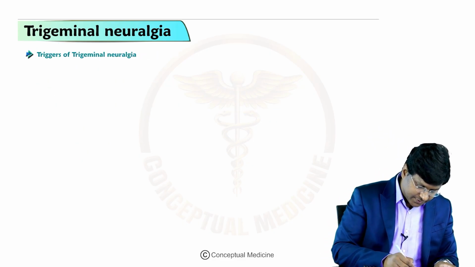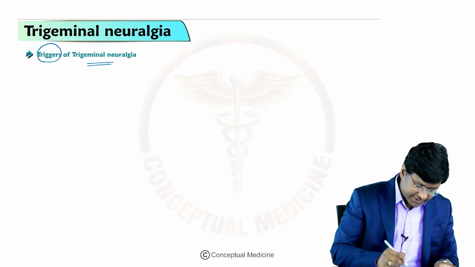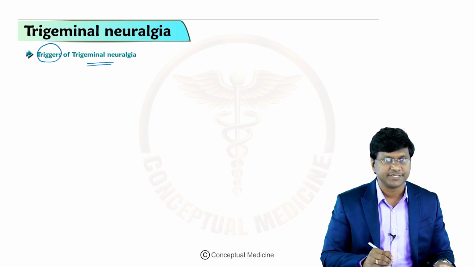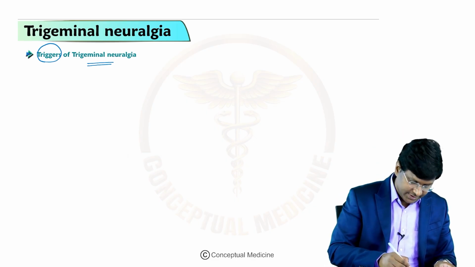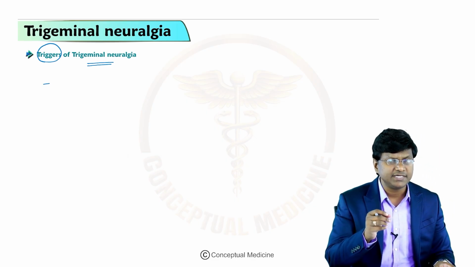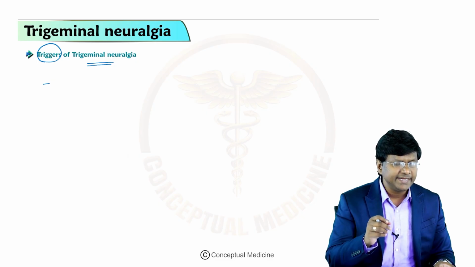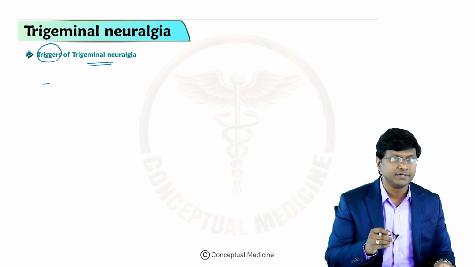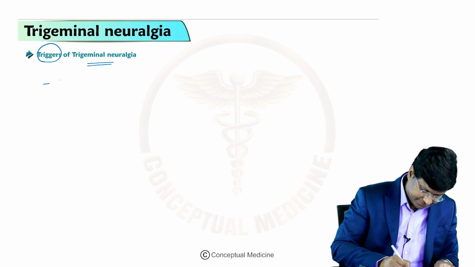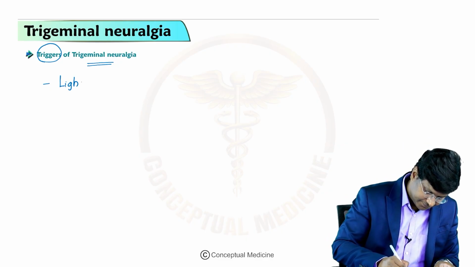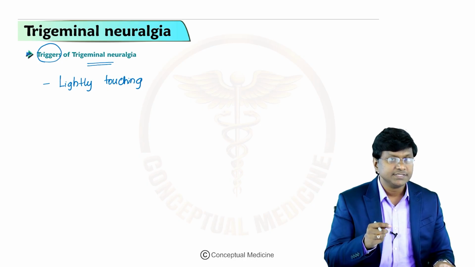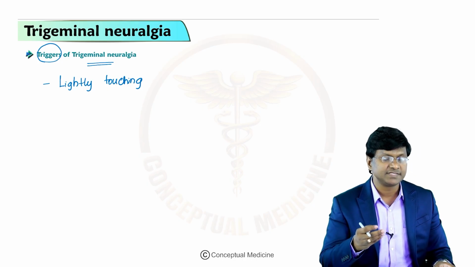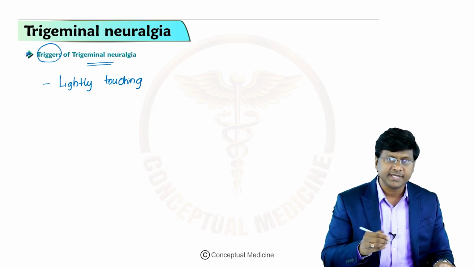Now followed by that, you also need to know what are the triggers of trigeminal neuralgia. What is the triggering event? Let me tell you, a gentle touch, that is lightly touching these zones, either ophthalmic, maxillary or mandibular division, will trigger an attack.